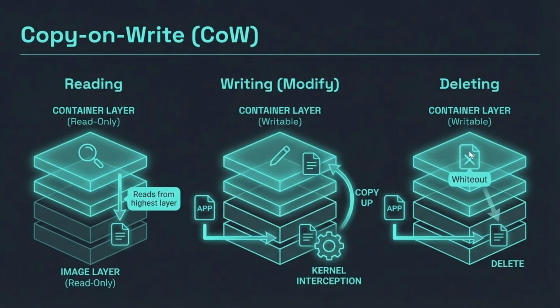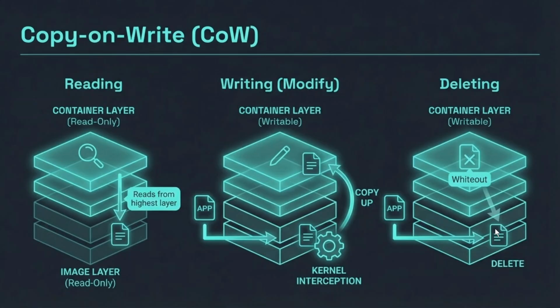A whiteout file is placed in the upper layer to mask the original file present in the lower read-only layer, so that from the next time only the latest updated file is referred and the old file in the bottom is ignored.